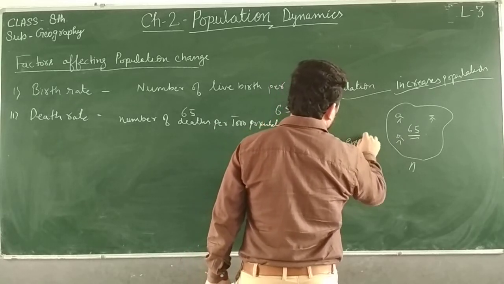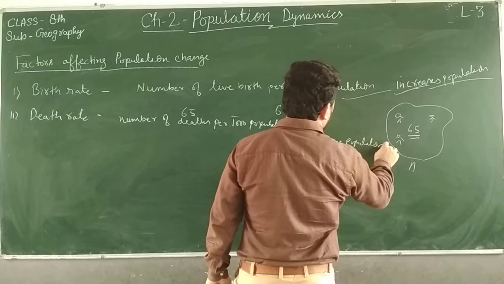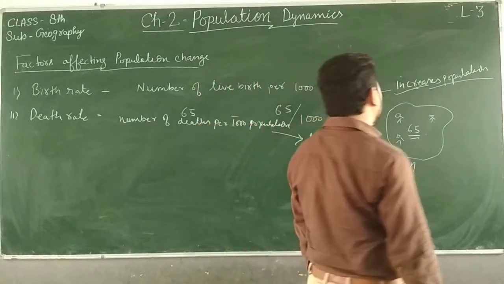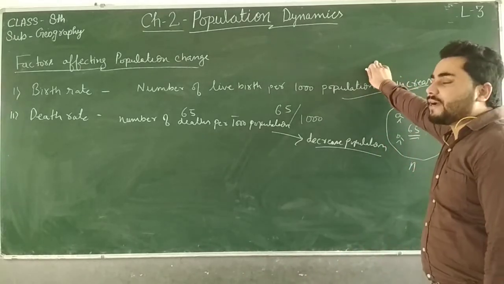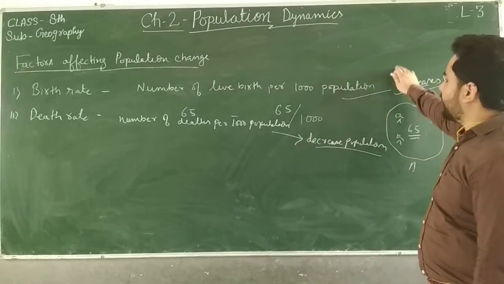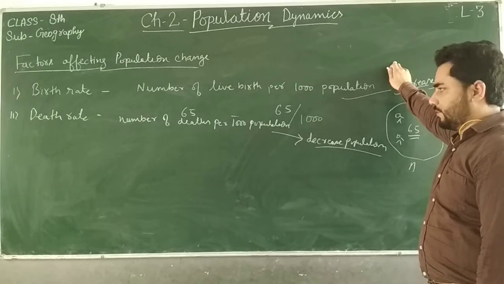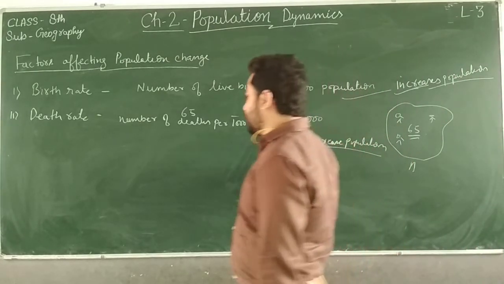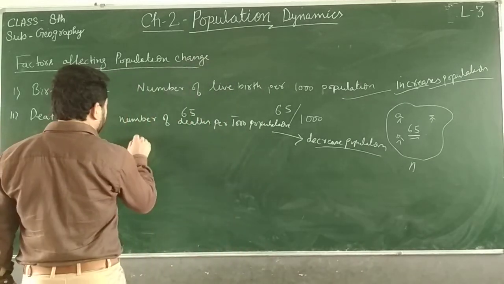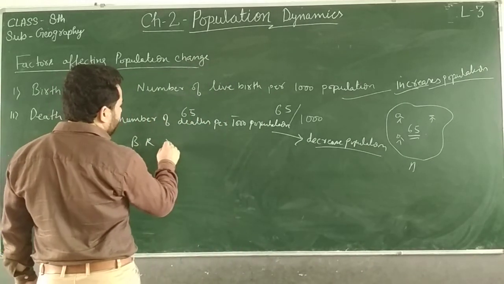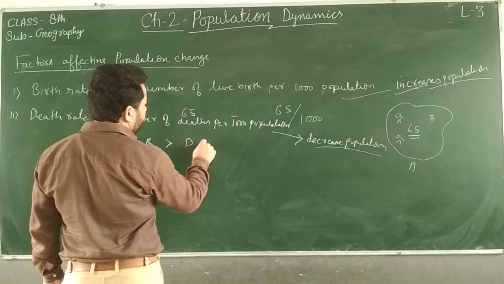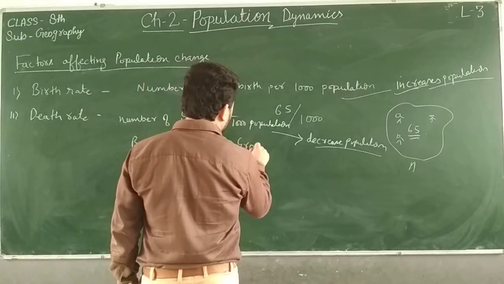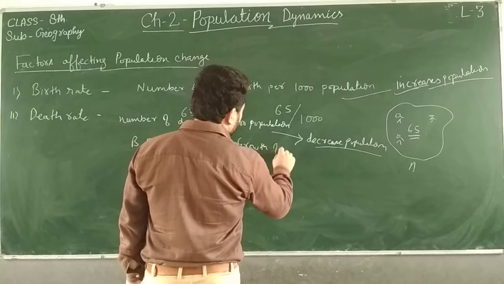So if at a place the birth rate is higher than the death rate, then population growth will take place. Population will grow.